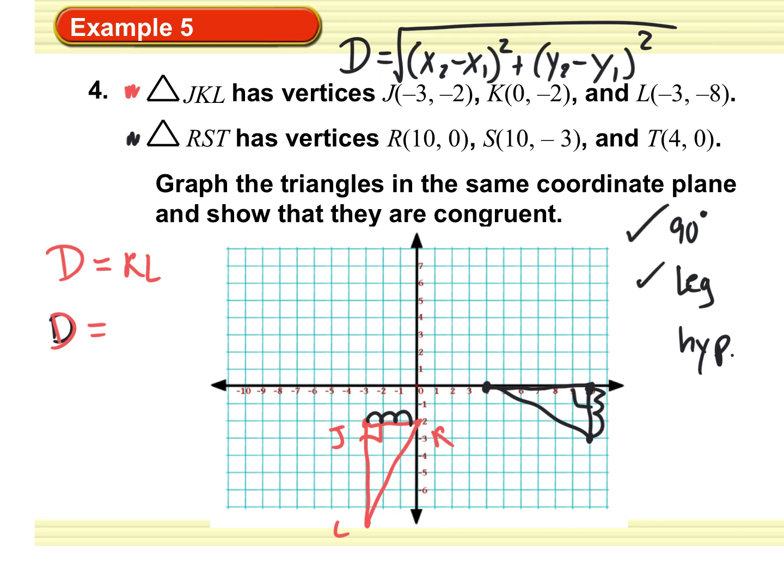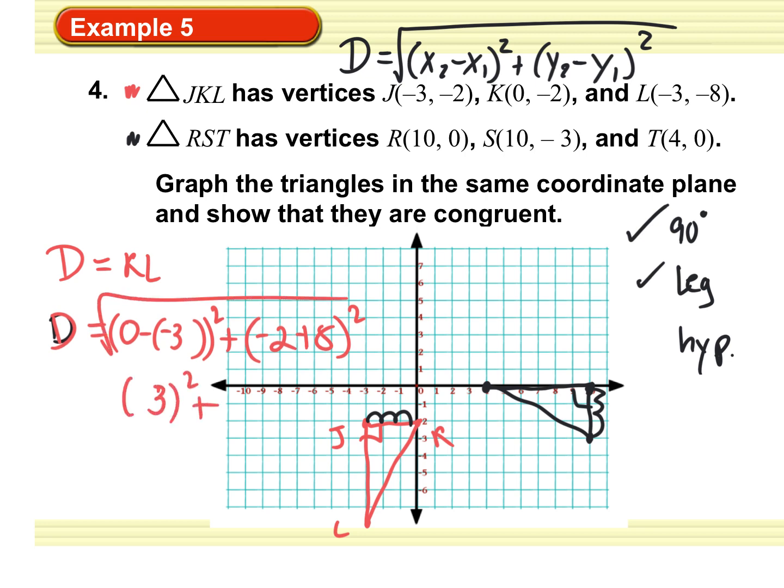So 0 minus -3 squared plus -2 plus 8 squared. That is 3 squared plus 6 squared. So 9 plus 36 is the square root of 45 for that one.